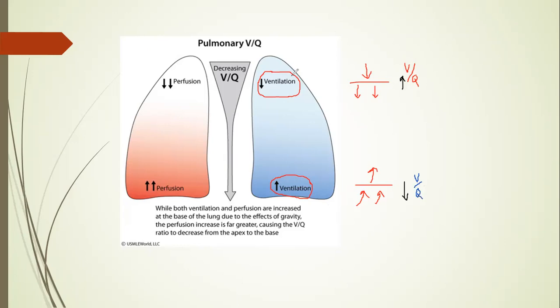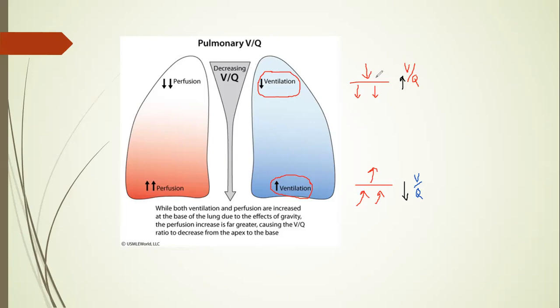You understood why ventilation is higher in the base as compared to the apex. And now you understood why perfusion is even much higher at the base as compared to the apex. Now, when you want to look at alveolar ventilation efficiency, you look at the VQ ratio. What is the ratio of incoming air to the perfusion of the blood?